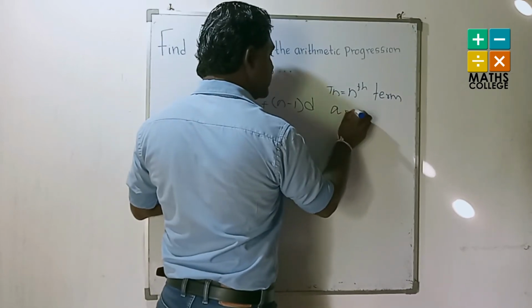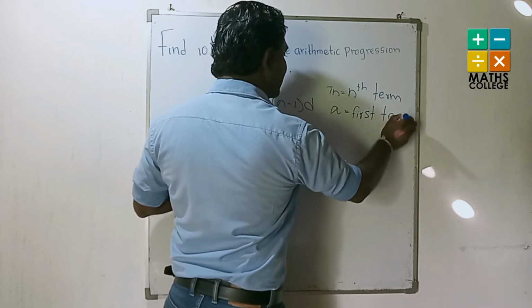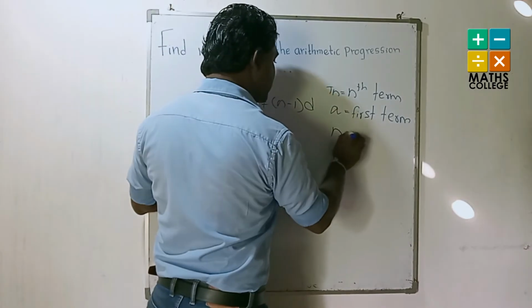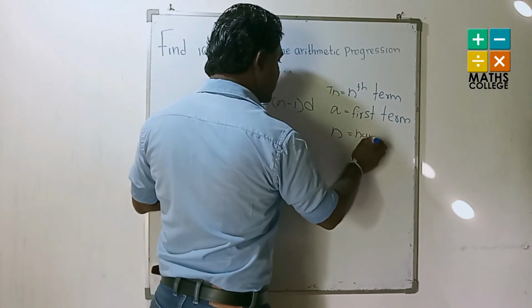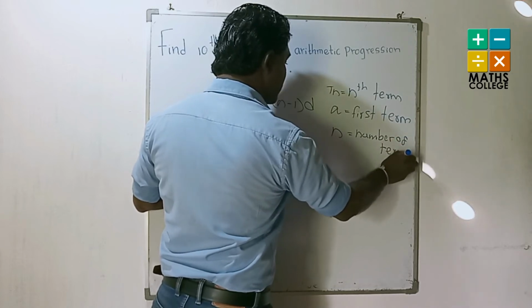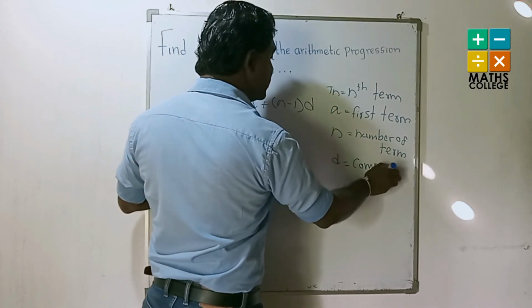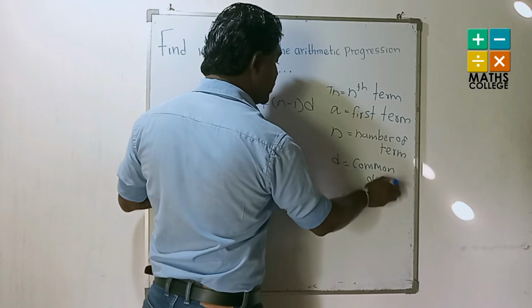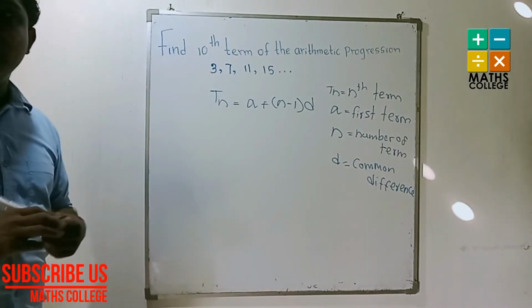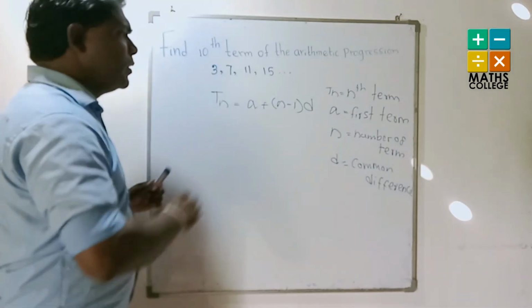A is the first term. N is the number of terms. D is the common difference.